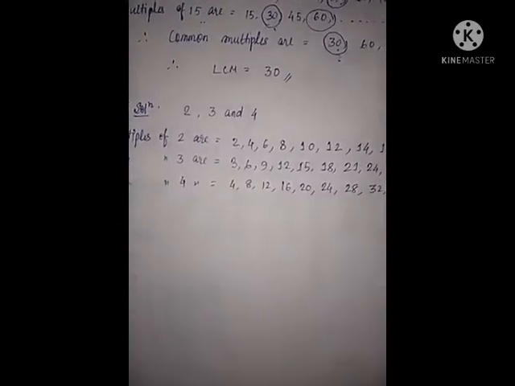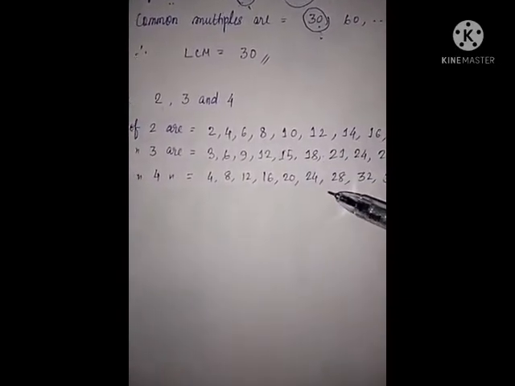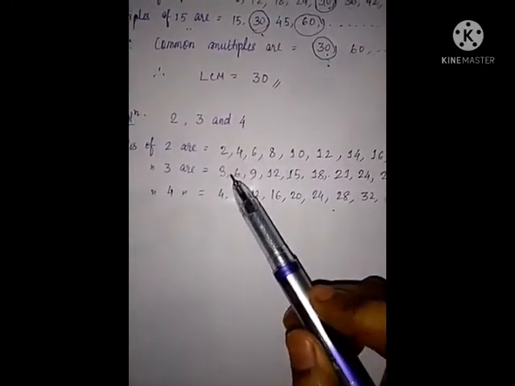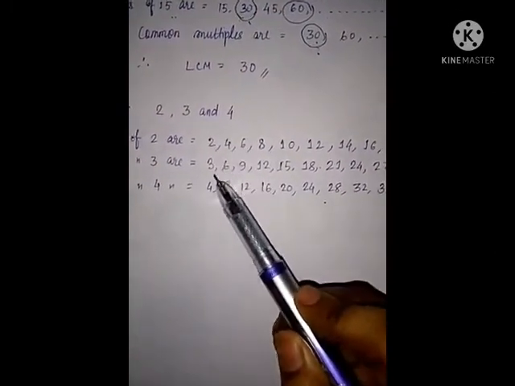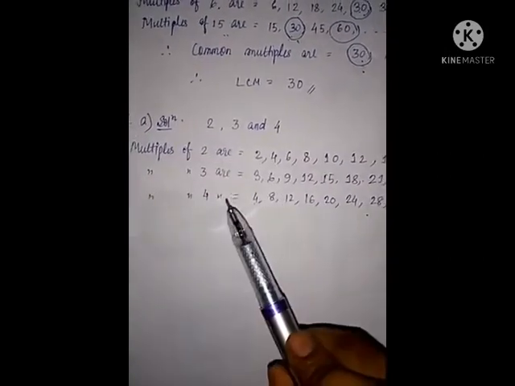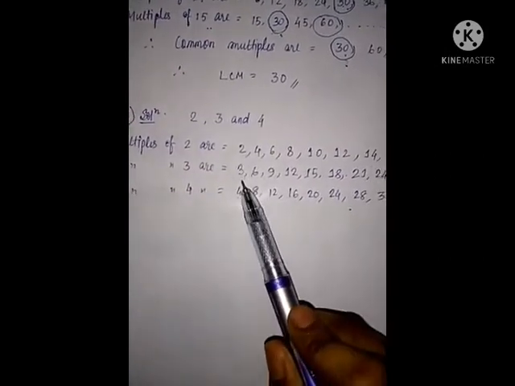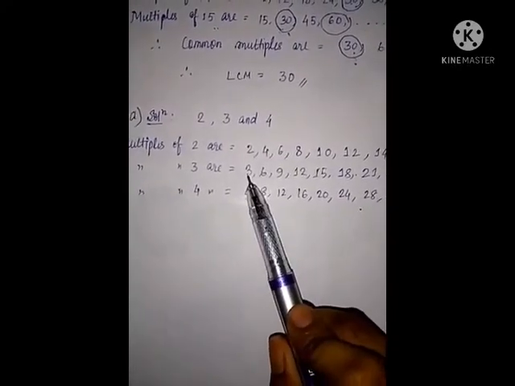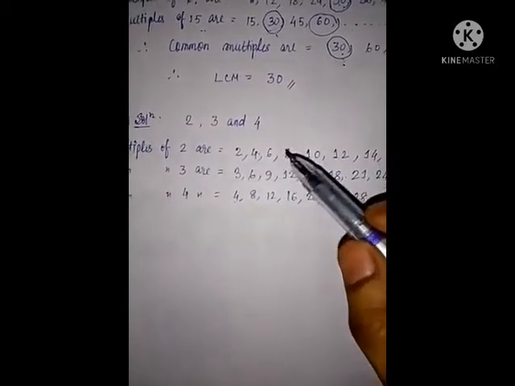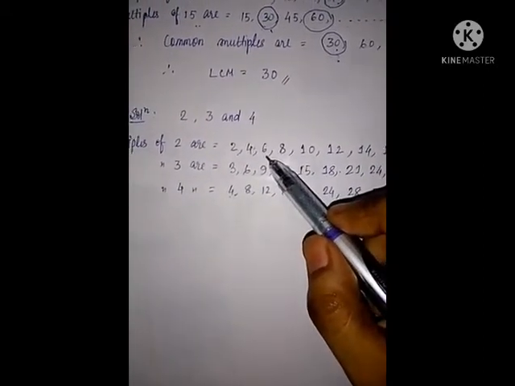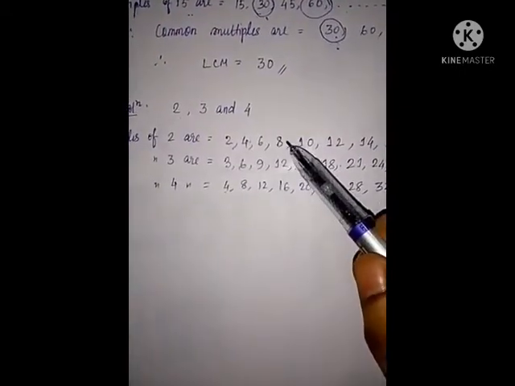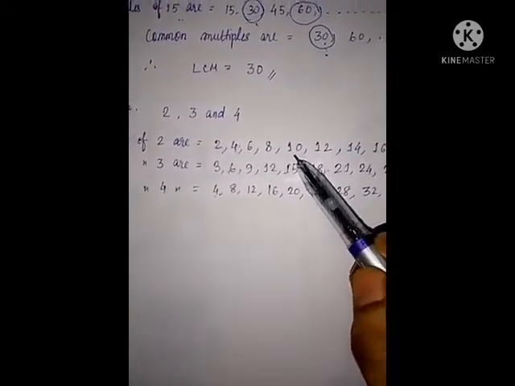Okay, now see, among all these multiples, what are the common multiples? See, 2 is not common. 4 is also a multiple of 2 and also 4 is a multiple of 4, but in the multiples of 3, 4 is not available, so we can't take this. 6 is a multiple of both 2 and 3 but not 4, so this is discarded. 8, no, 10, 12.